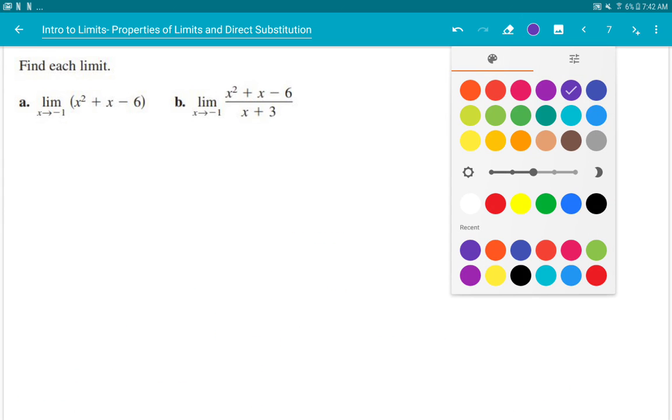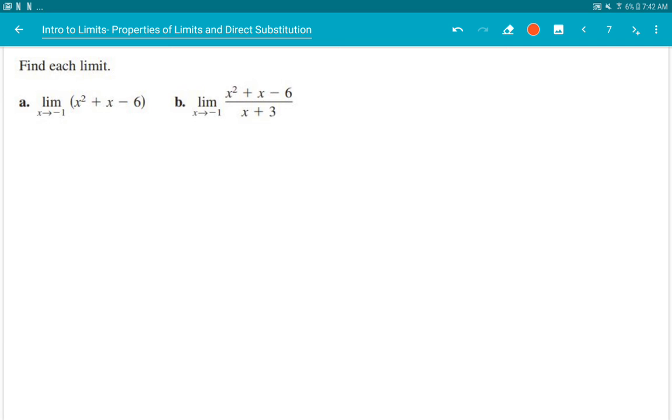All right, so I'm just going to do this using direct substitution. So we're going to look at the limit as x approaches -1 of the rational function, x squared plus x minus 6 over x plus 3. All right, so now really quickly, just so you know, we just have to make sure that the denominator is not going to be equal to 0.